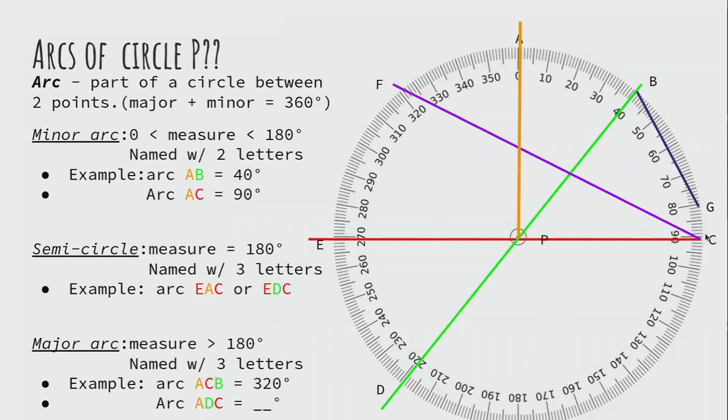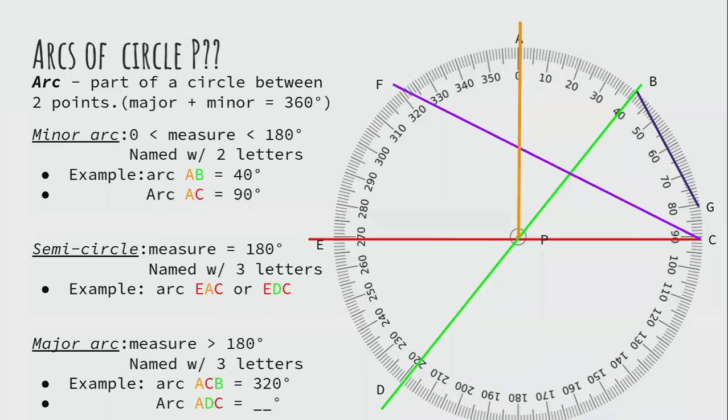So what is the measure of the major arc? Starting at A, looking to the left, going past D, and ending at C. What is the measure? And again, remember, major plus minor equals the whole circle. Our minor arc is 90.